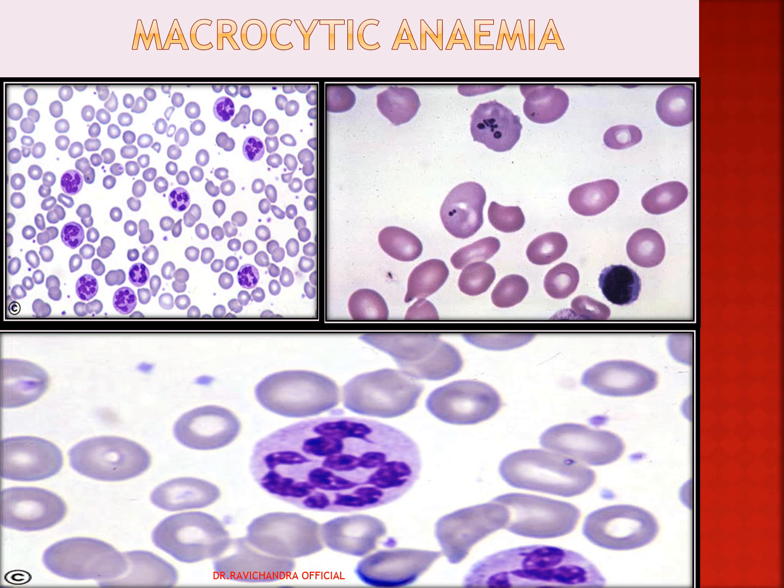If a single neutrophil has more than 6 lobes, it is enough to diagnose a megaloblastic anemia. Or if the hypersegmented neutrophils have more than 5 lobes and more than 5% of the neutrophils show this feature, then also it can be considered as megaloblastic anemia.